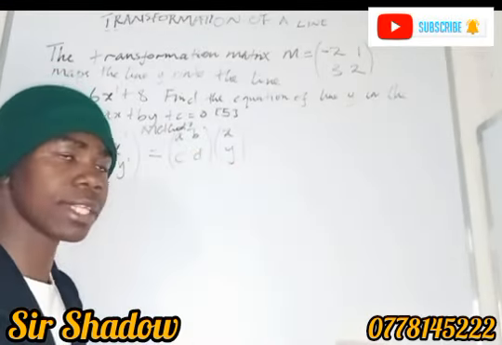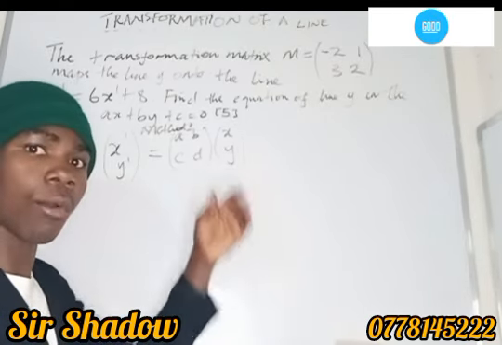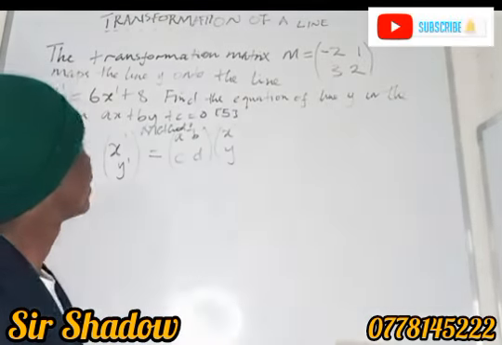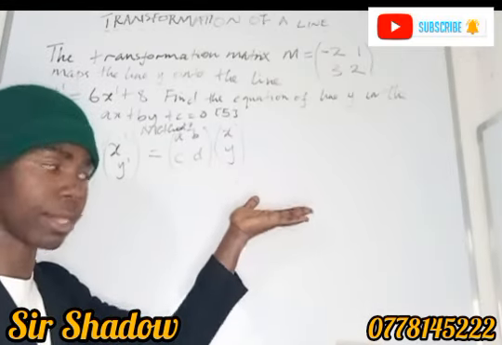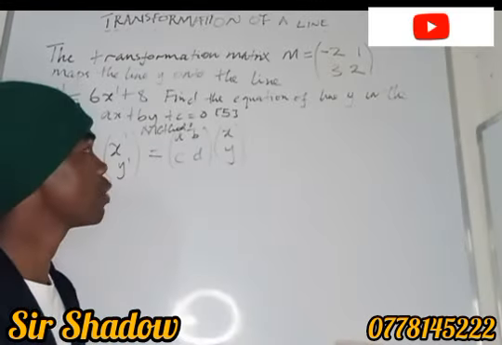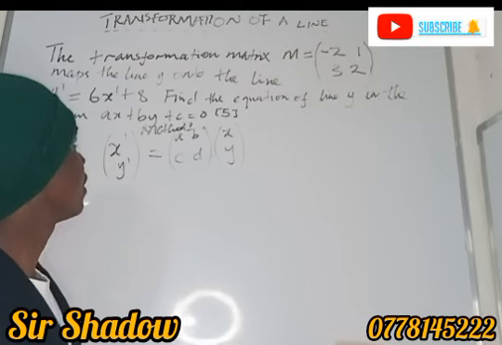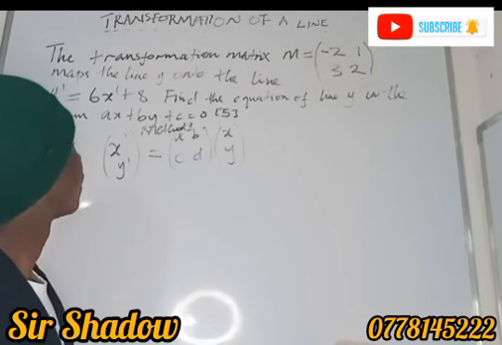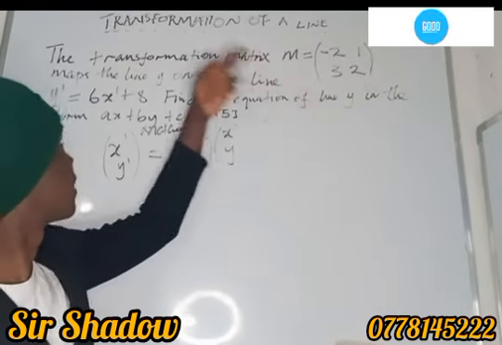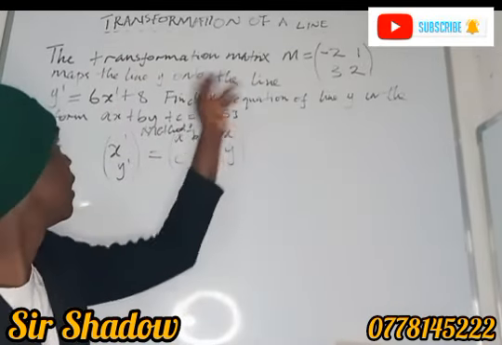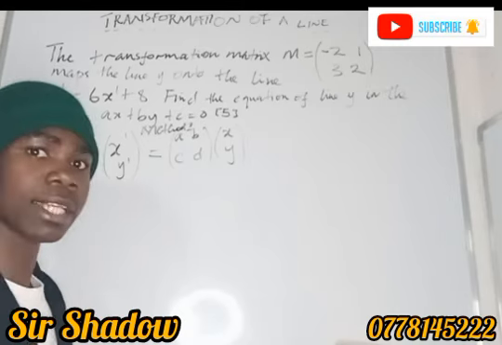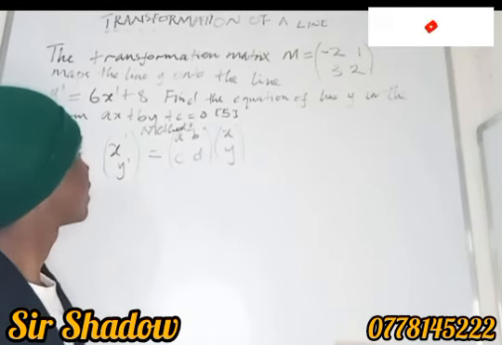We are given this question as shown on the whiteboard. The transformation matrix M, which is represented by a 2 by 2 matrix as shown, is minus 2, 1, 3, 2. That matrix transforms or maps the line y onto the line y prime is equal to 6x prime plus 8.